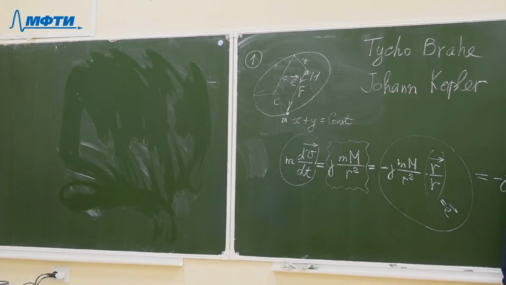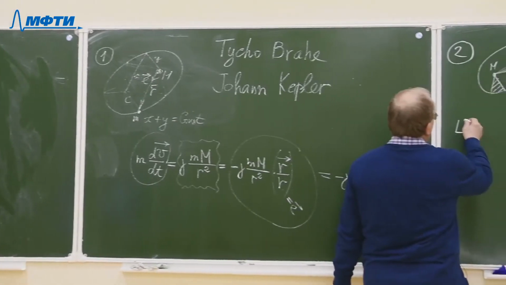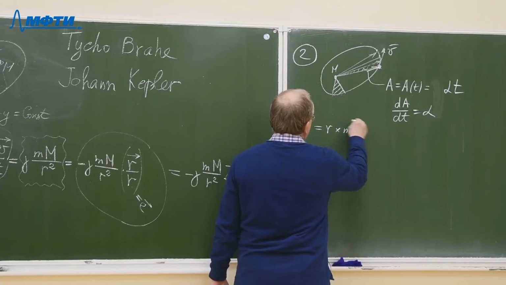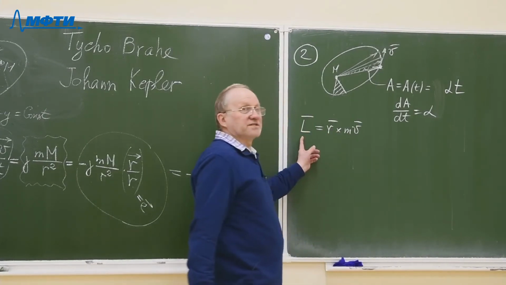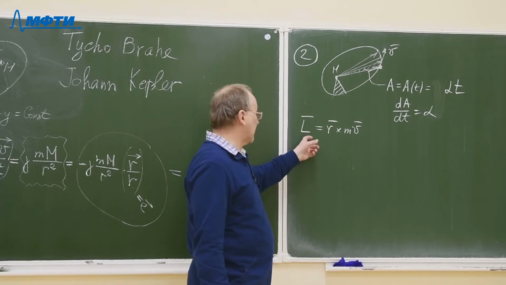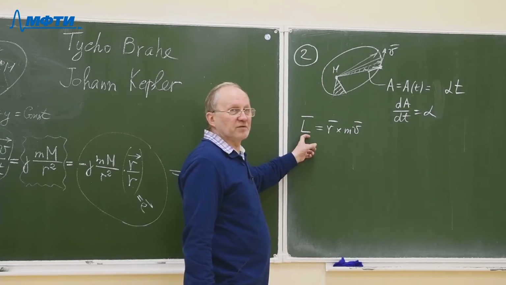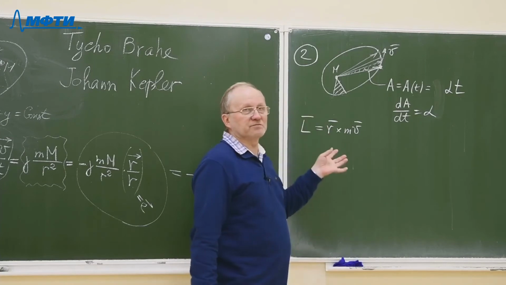If we take the angular momentum vector, which is equal to r times mv, then we know the law of conservation of angular momentum, which says that this quantity, both vector and its magnitude, remains constant in time if there are no external forces acting on the system.